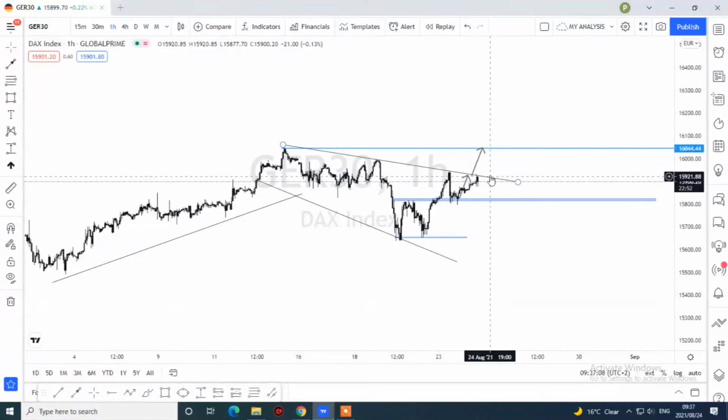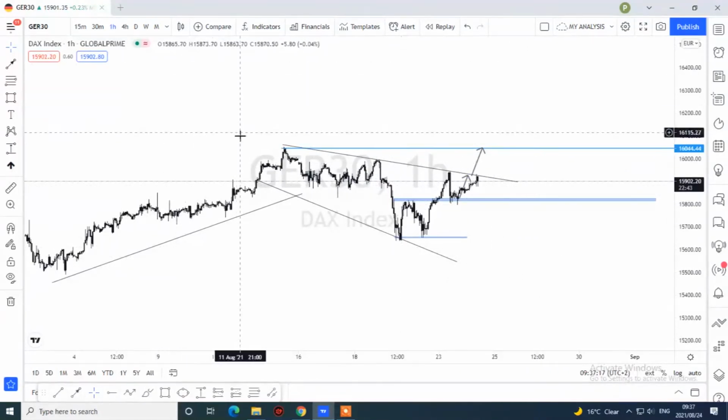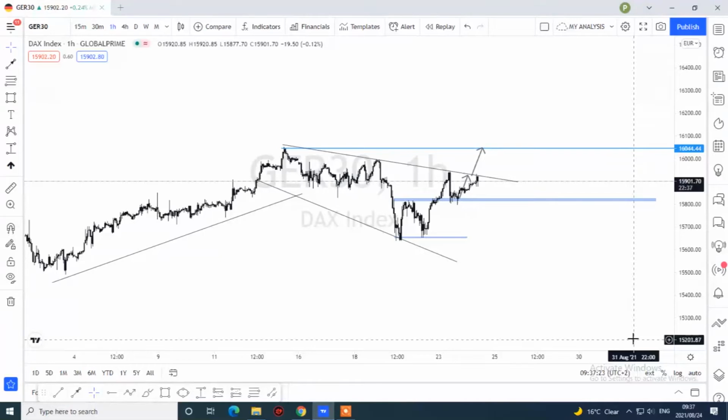So I'm expecting this resistance to be broken out, because the momentum the market is trading to the upside is very strong. So I'm expecting the market to get to 16044.44, and then maybe we can look to sell.